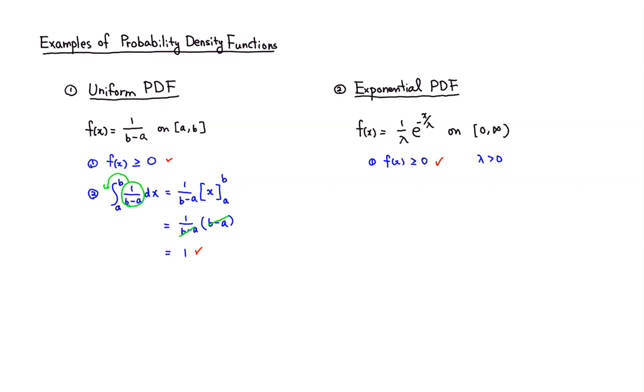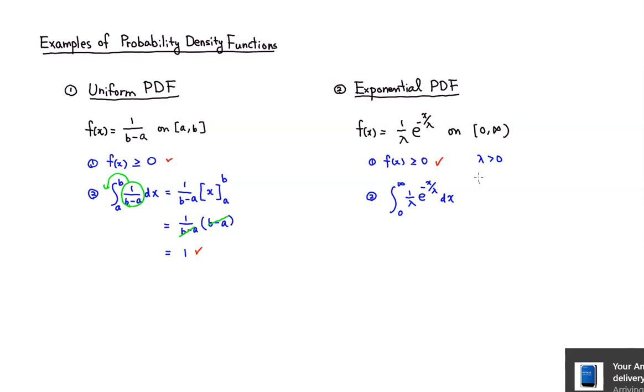All right, let's check the second condition. We need to integrate, so an improper integral from 0 to infinity, 1 over lambda e to the negative x over lambda with respect to x.